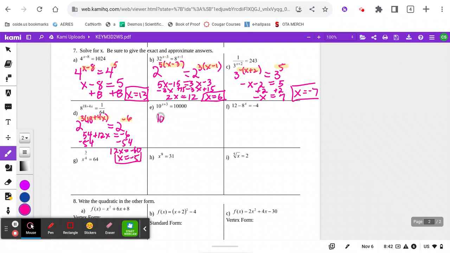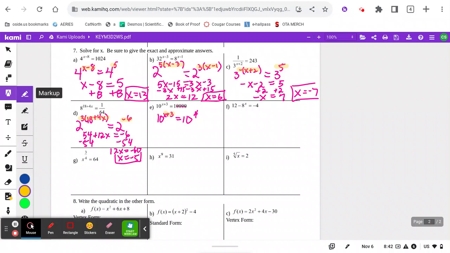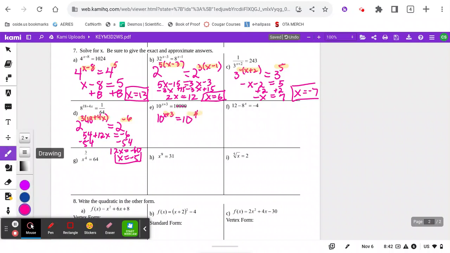10 to the x plus 3 is equal to 10 to the 1, 2, 3, 4 zeros. Now that we have the same base, we set the exponents equal. On this one, I need to minus the 12 to get it to the other side.